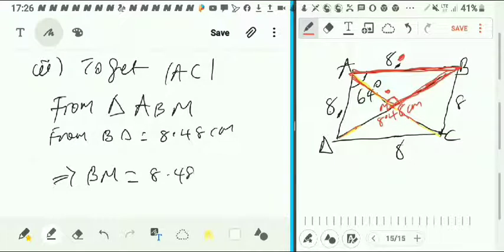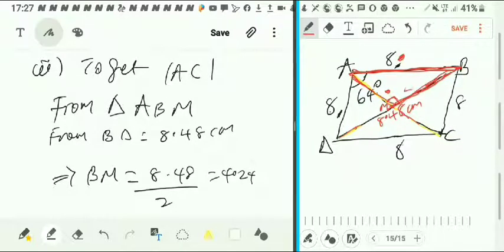BM is 8.48 divided by 2, which is 4.24. So that means over here I have 4.24 centimeter. So I have this side and I have this side. So I'm just left to look for this one below here, in pink.